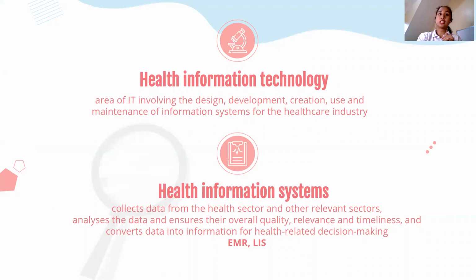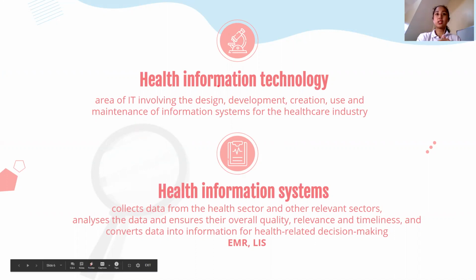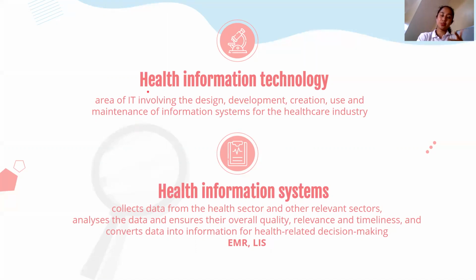And plus, we have other terms, health information technology and health information system. Let's break it down for you. Your health informatics utilizes health information technology. It involves design, development, creation, use, and maintenance of information systems for the healthcare industry.